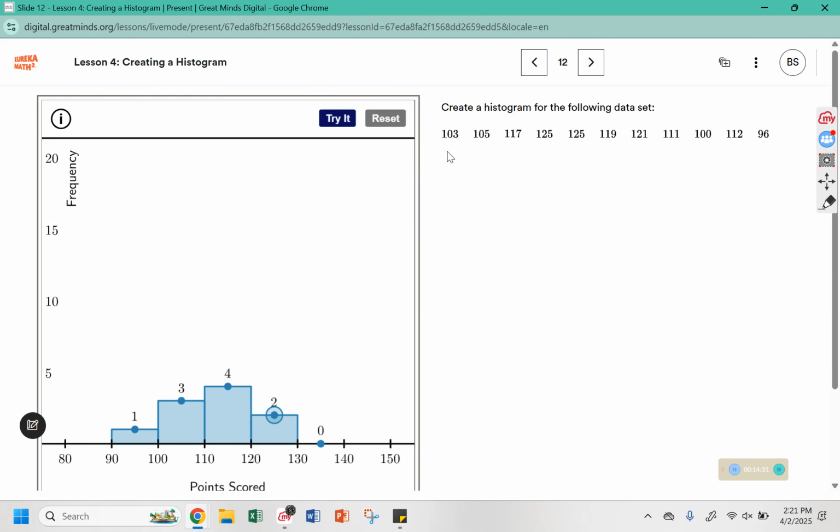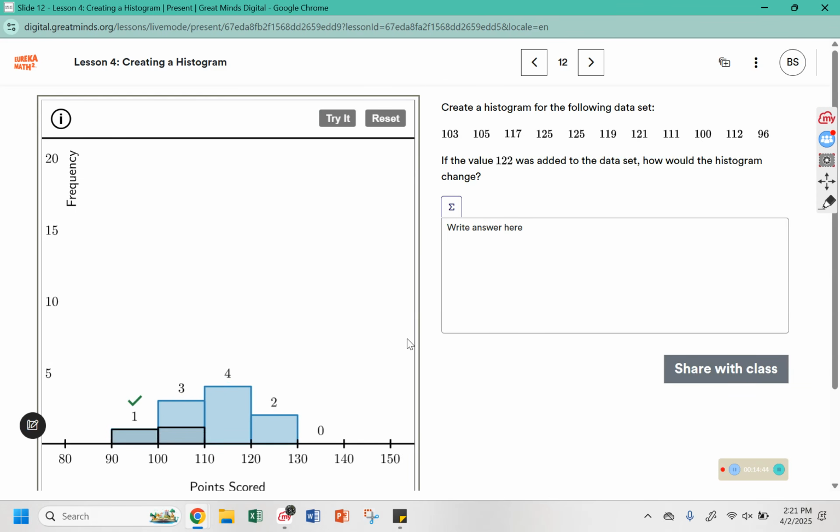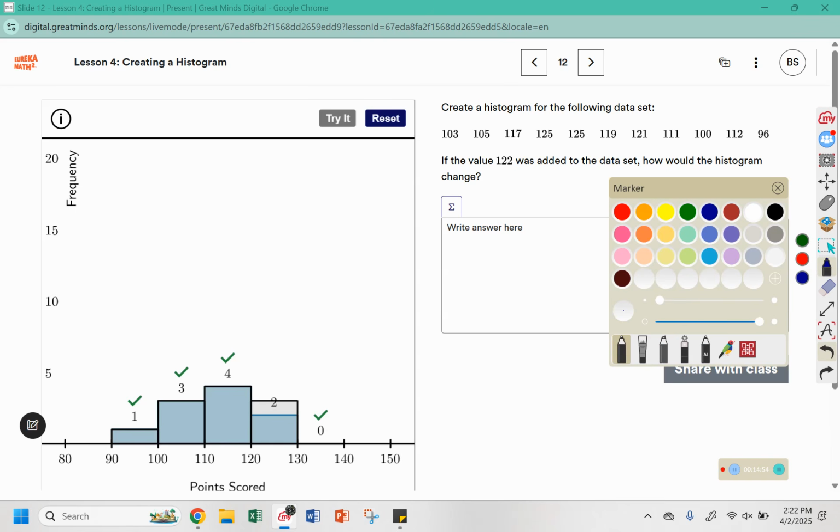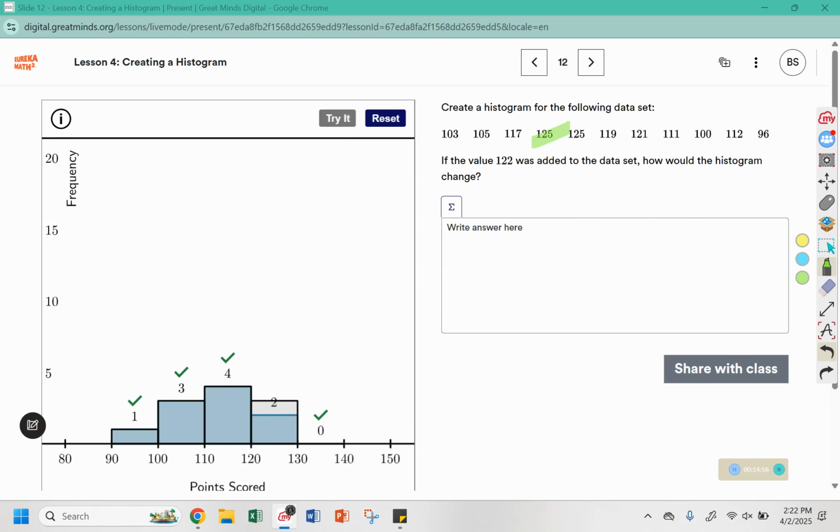I don't see any between 130 and 140. I missed one. Let's go back and look how many are between 120 and 130. 1, 2, 3.